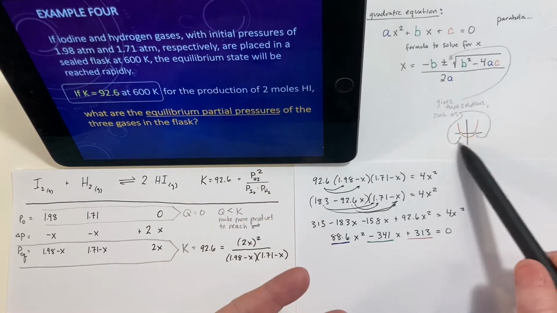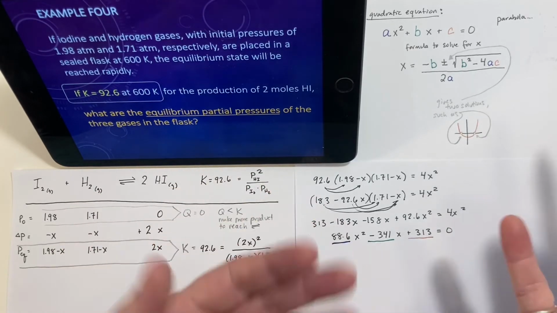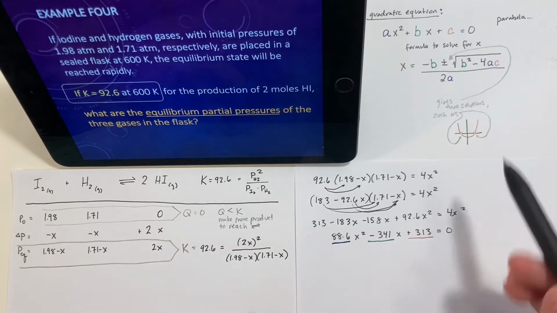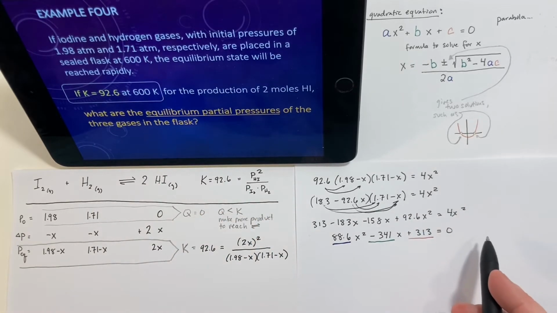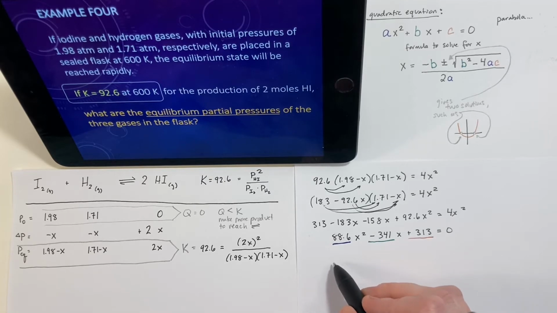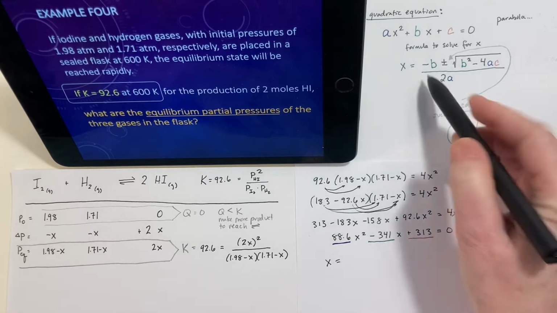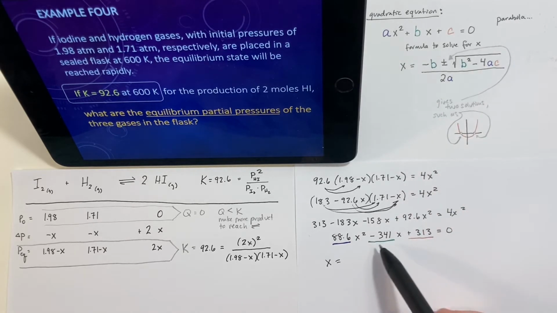Like there's 2 roots. Maybe it looks like this, maybe they're both positive roots. I don't know until we solve it. Sometimes you get imaginary roots, but hopefully not in this work. Okay, so we plug it into the formula. So x is equal to negative b. Our b is also negative.